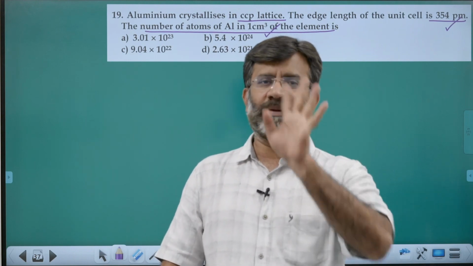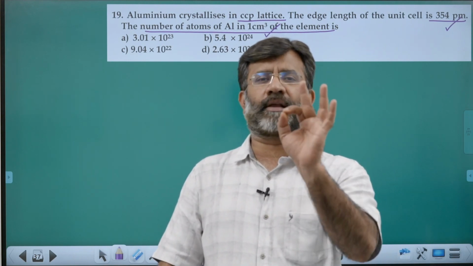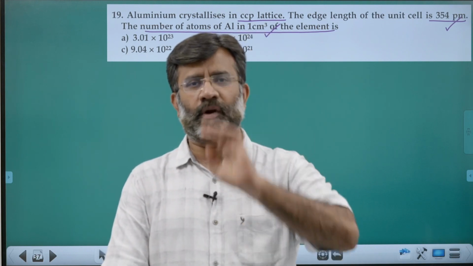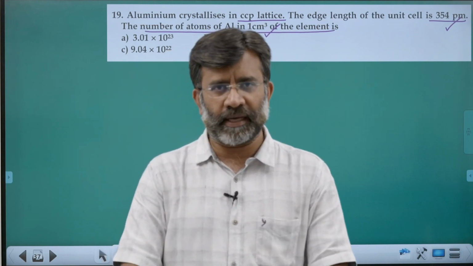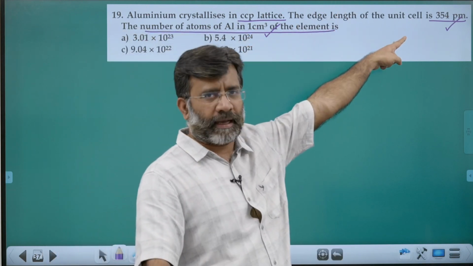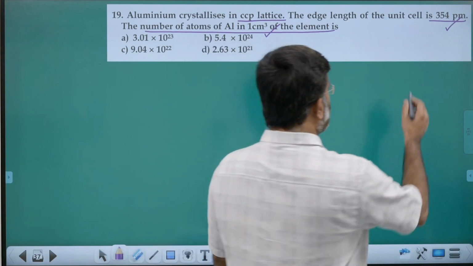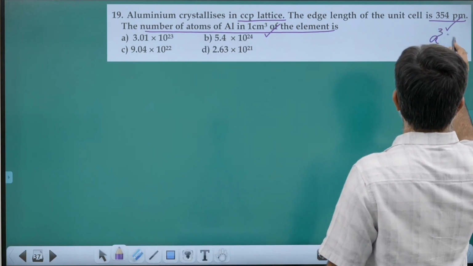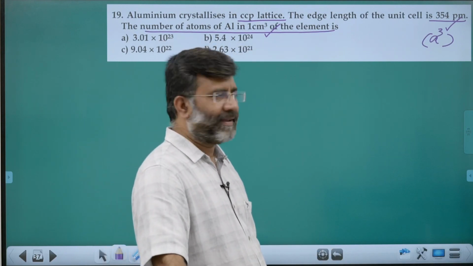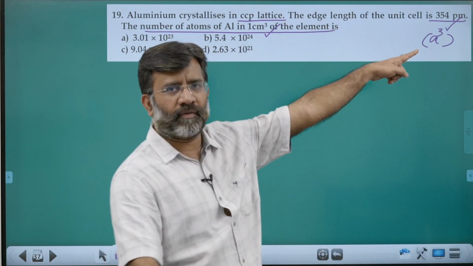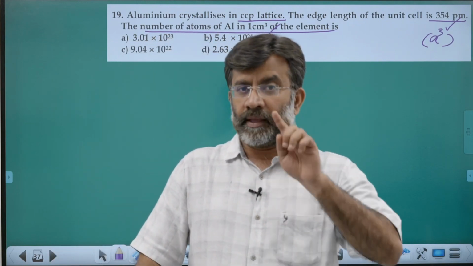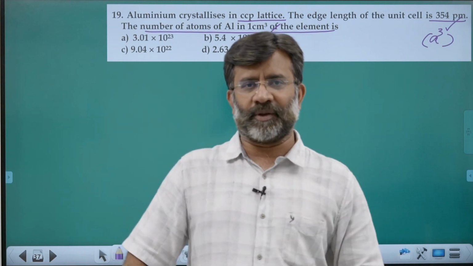Into 4 will be the number of aluminium atoms, because each unit cell contains 4 aluminium. So a cube gives you the volume of one unit cell. The total volume divided by the volume of one unit cell gives the number of unit cells. Into 4, you get the number of aluminium atoms.